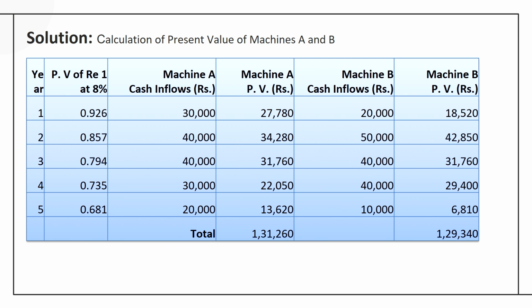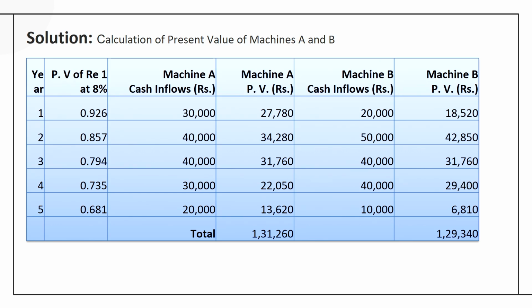If we see, the PV factor at 8% comes out to be 0.926, 0.857 and so on. Machine A is generating 30,000 and machine B is generating 20,000 in the first year.